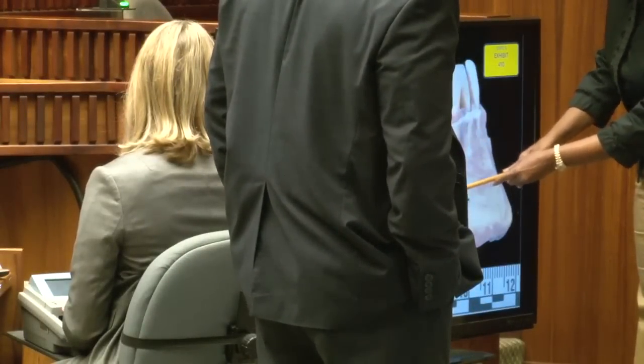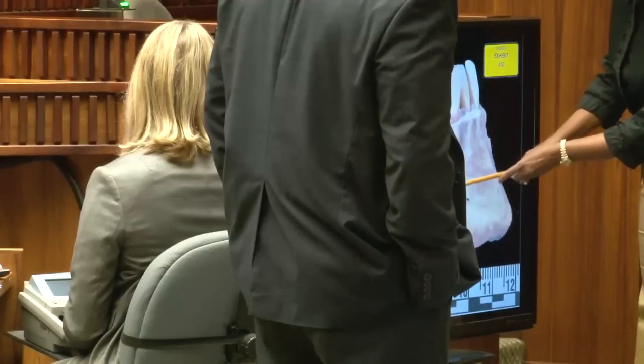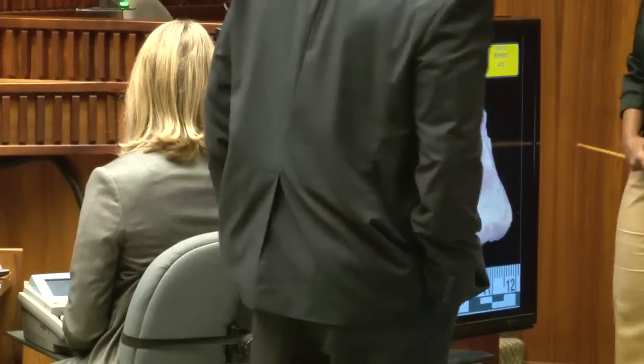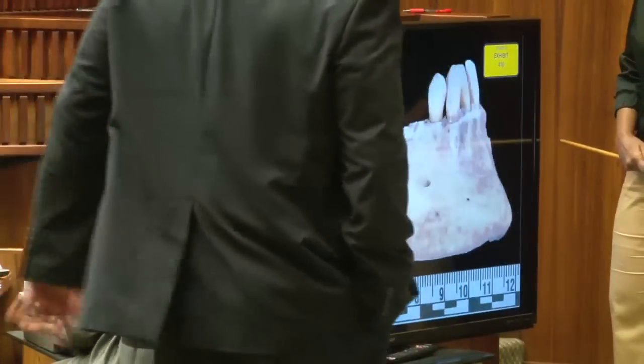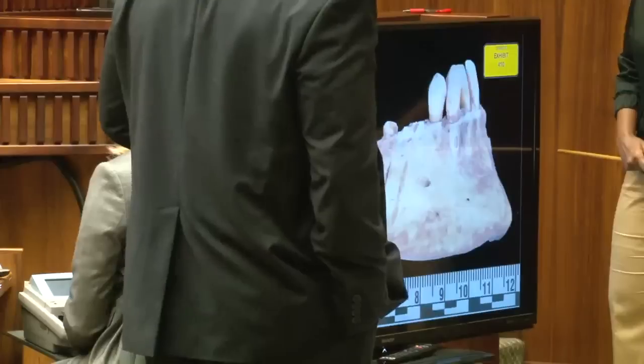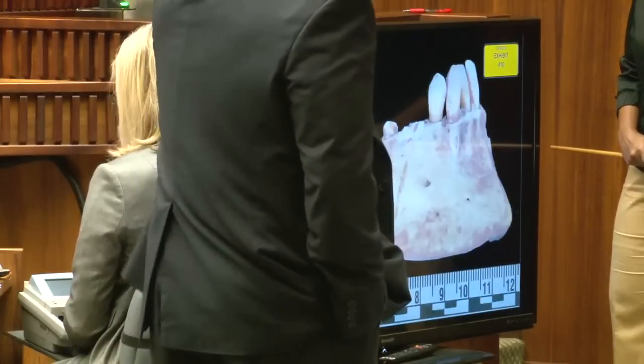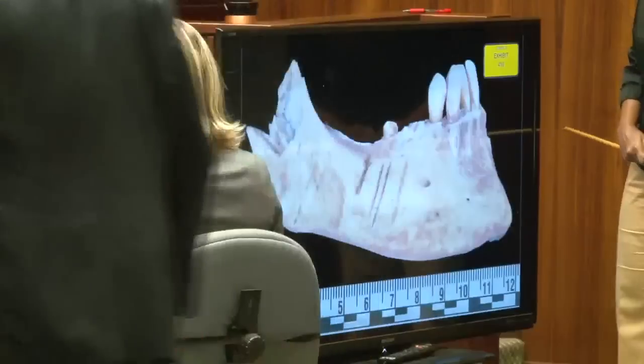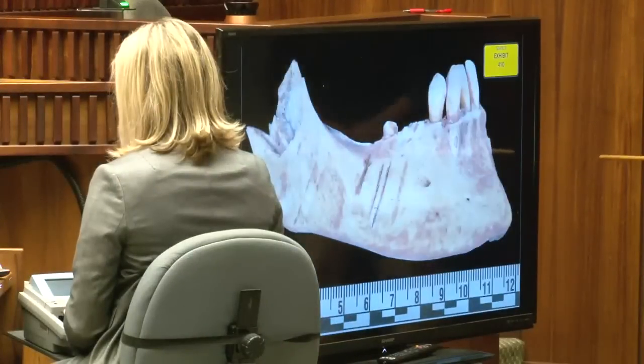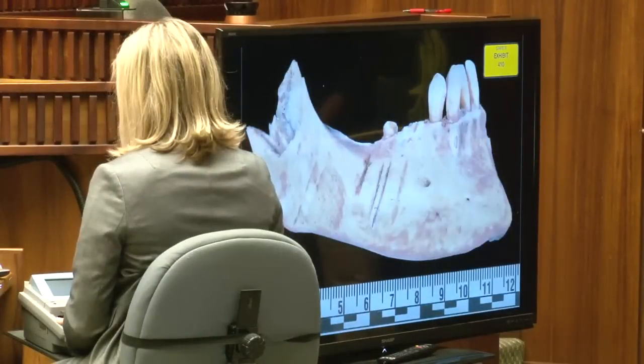However, it seems like this cut continues up. Okay. Now, is there another photograph that you're aware of that would corroborate what you just mentioned? Yes. I'm going to show you.